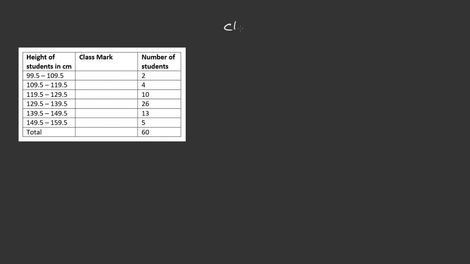Class mark is equal to lower limit plus upper limit divided by 2. So, mark these points with the corresponding heights proportional to class width. Join the points, we will get the frequency polygon.